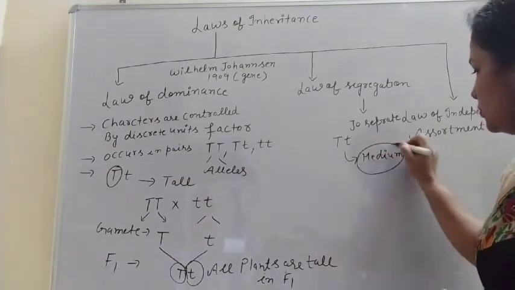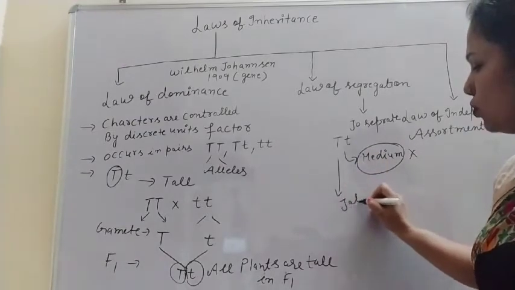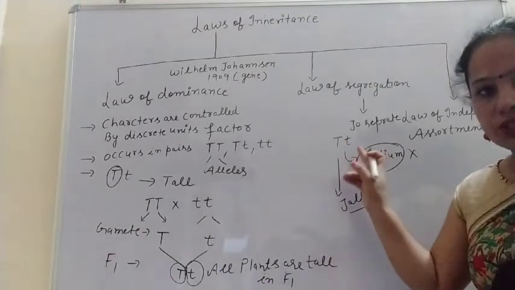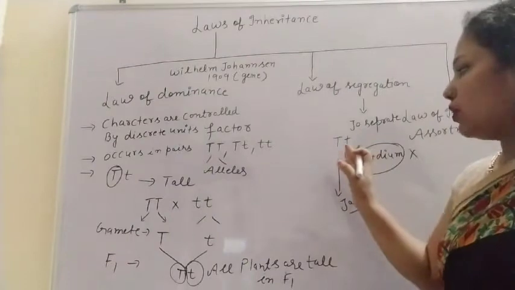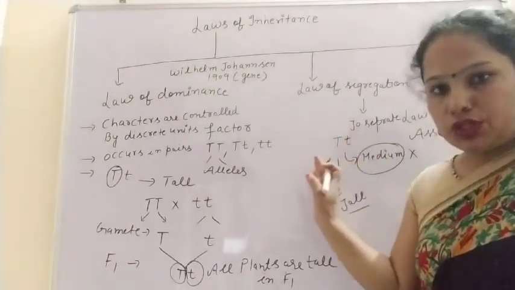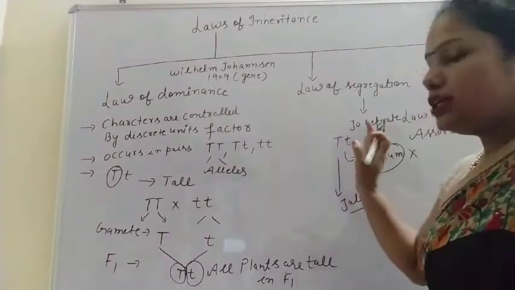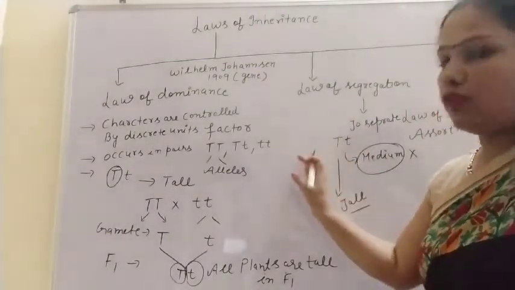But that is not there. Here the plant height is tall. So there is no blending of the genes. Why is there no blending of the genes? Because during gamete formation, these factors separate and each gamete gets a separate allele for that.